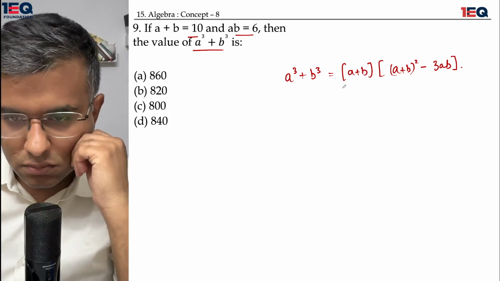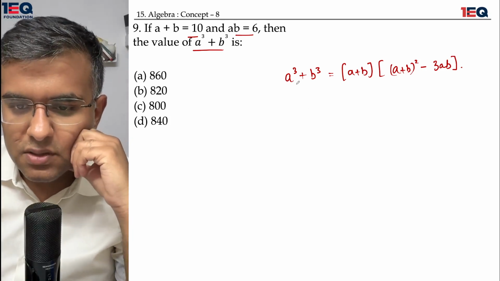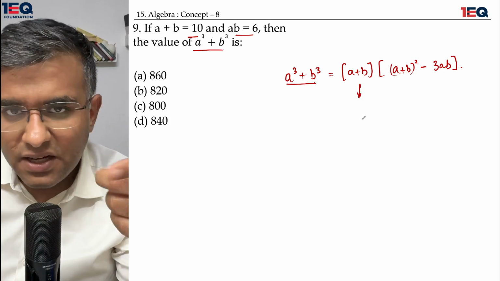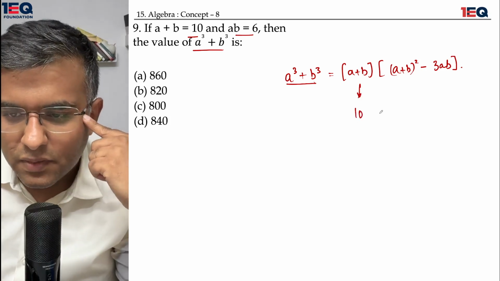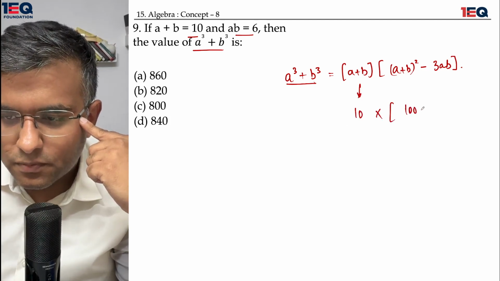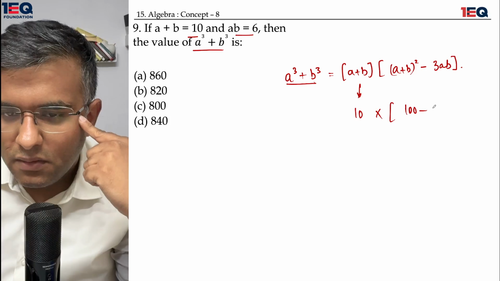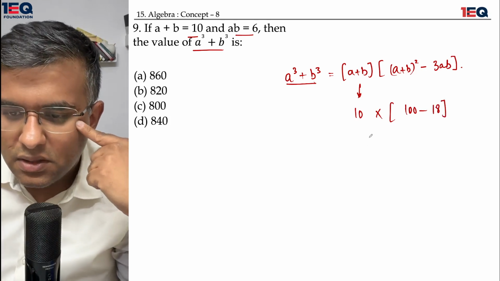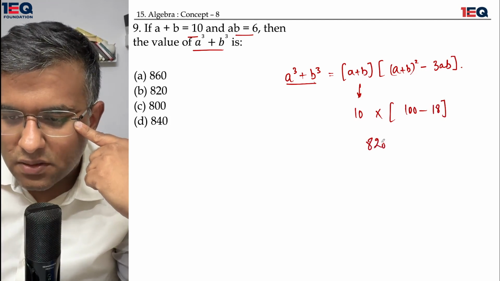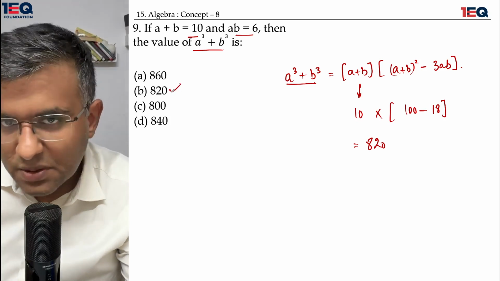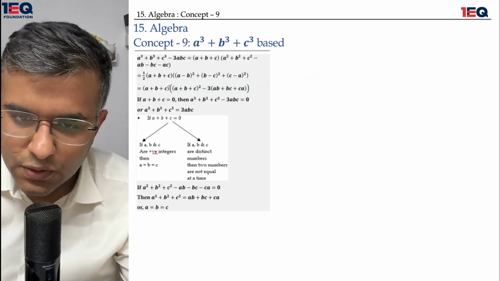Okay, minus 3ab. For everything on the right hand side, I have the values in the question. This is 10 multiplied by 10 square, which is 100, minus 3 times ab, which is 6. So 3 6s are 18. This is 82, and the answer would come out to be 820. Simple enough? Okay, let's go.